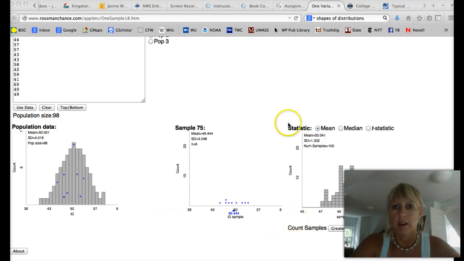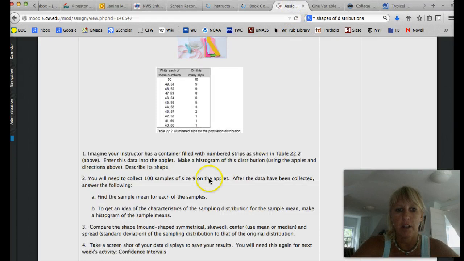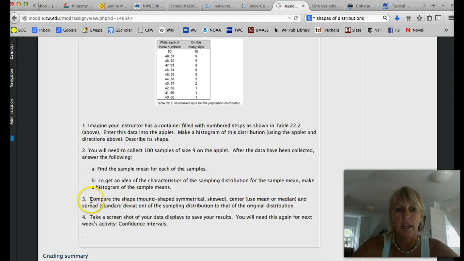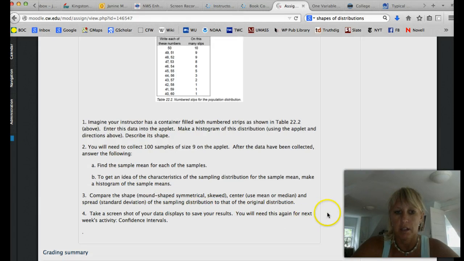So I'm going to go back to my assignment here. I'm going to find the sample mean for each of the samples, and then to get an idea of the characteristics, make a histogram of the sample means. So that is already in the applet. Part 3 is compare the shape, mound shape, symmetrical or skewed. Compare the center and the spread.